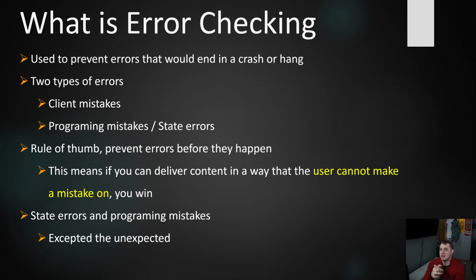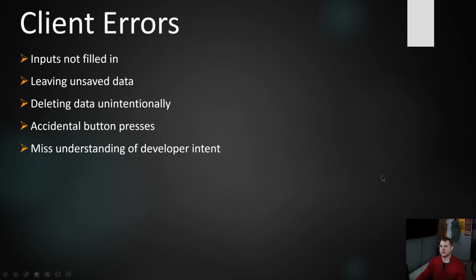Okay? State errors. We've already talked about it a little bit. If something happened with the system itself, make sure you have a way of maintaining that program based on that state error. Client errors. So, here are some common ones. Inputs are not filled in.